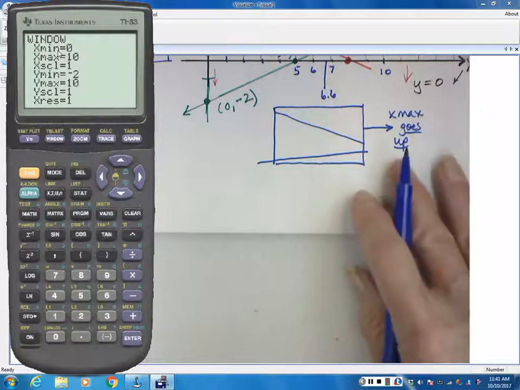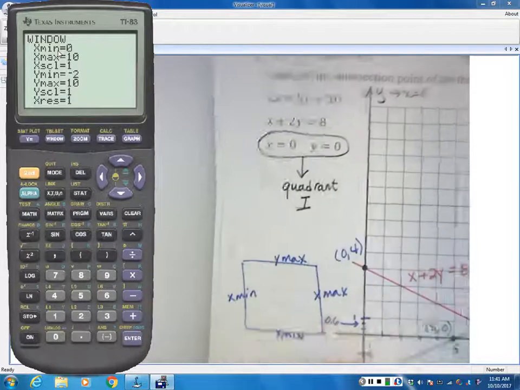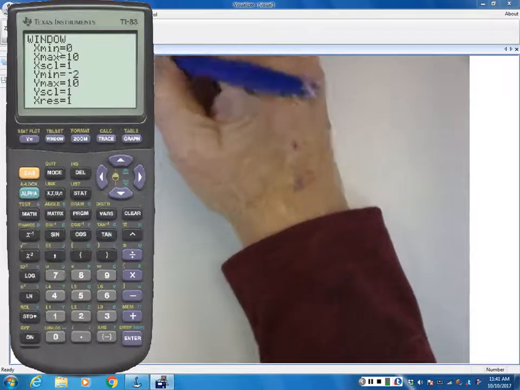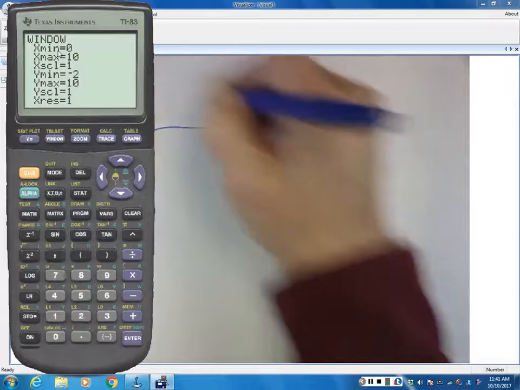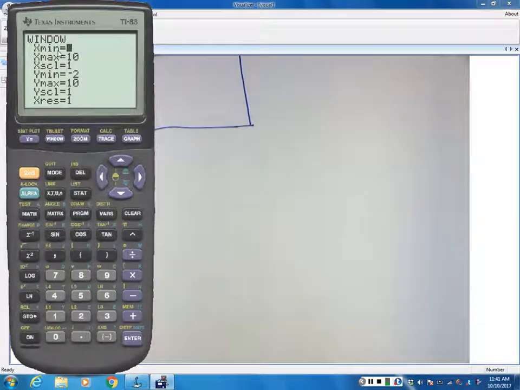Okay? If your calculator screen looks like this, you're trying to find your intersection points.